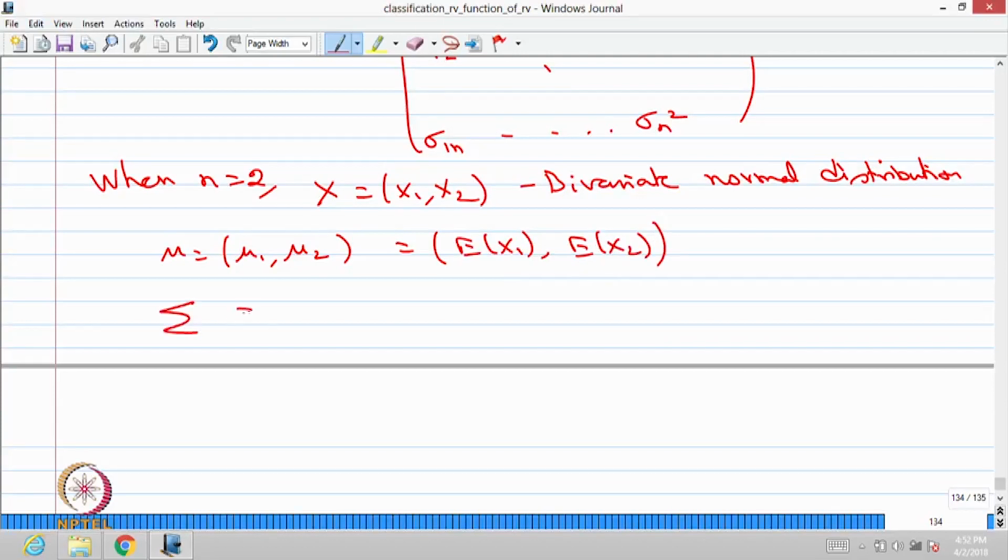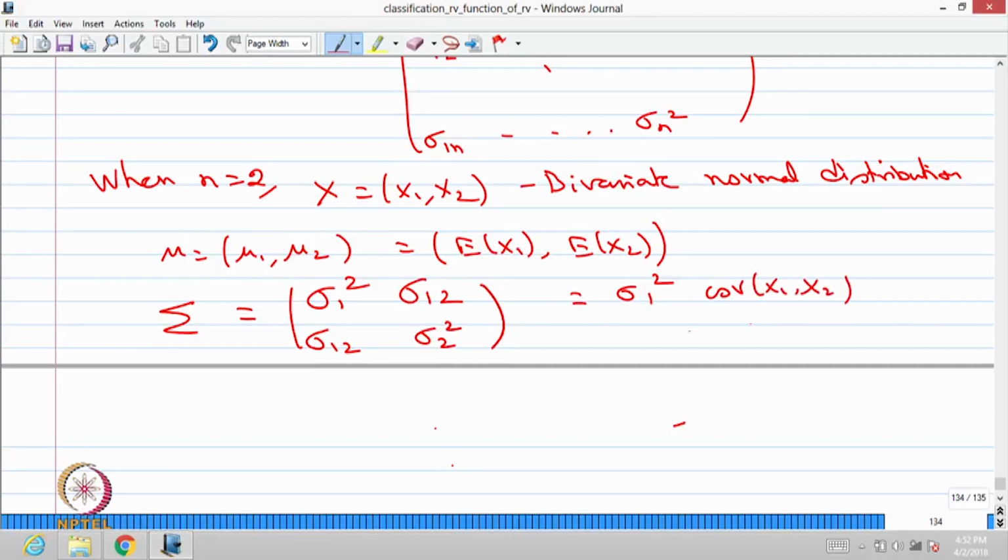And the summation matrix, that is the covariance variance matrix, is the variance of X1, covariance of X1 X2, covariance of X1 X2, and variance of X2. That is sigma 1 square, covariance of X1 with X2, covariance of X1 with X2, and variance of X2.